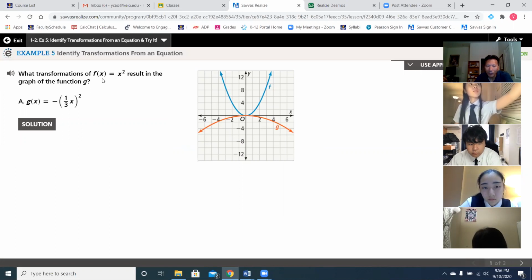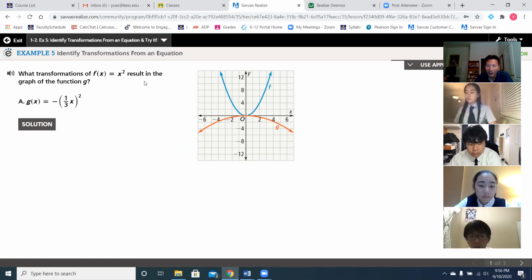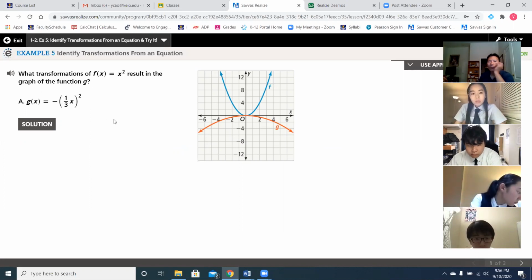This is f(x), y equals x squared. The result is the graph of g(x) equals this one. What is the transformation of f(x) that will produce the graph of g(x)? This red curve. Tell me how.